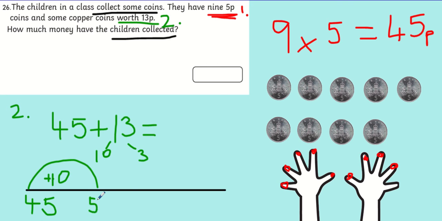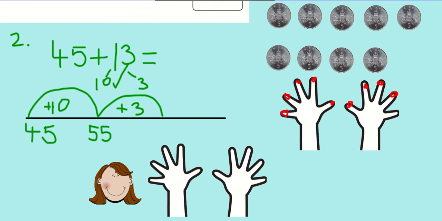The 10s gets bigger, the 1s stays the same, doesn't it? Well done. Tick those off. We're going to add on that 3, aren't we? Those 1s. So we're adding on 3, and here's where our fingers are going to come in useful again, aren't they? So there I am.